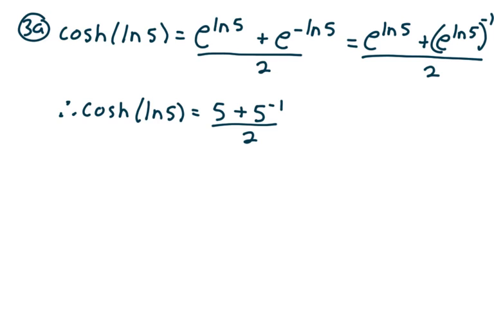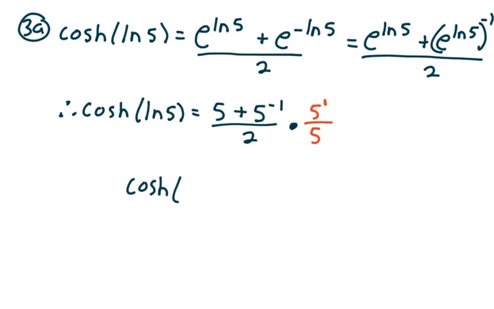And then what I'm going to do is multiply the numerator and denominator by 5. And you might ask why. Well, that gets rid of the negative exponent that we are seeing in the numerator. And when you end up doing that, you get the following.